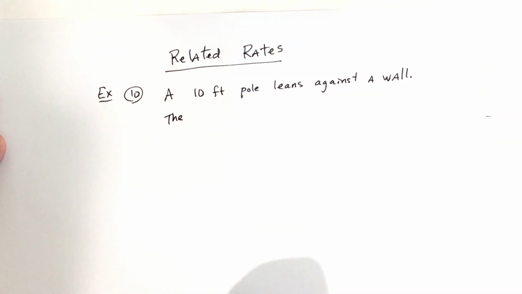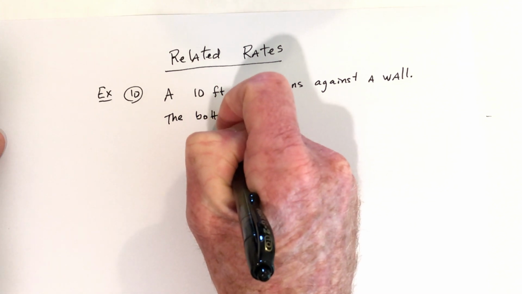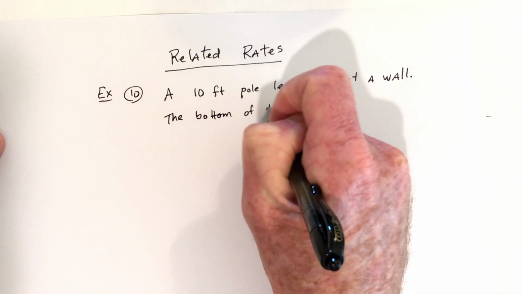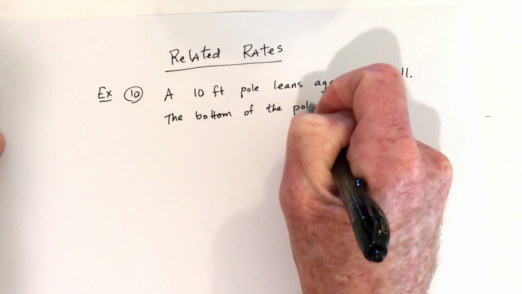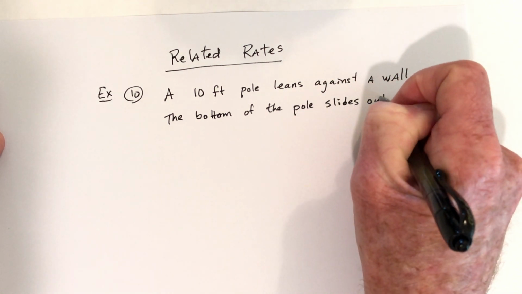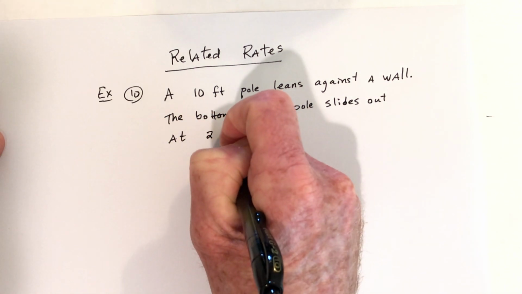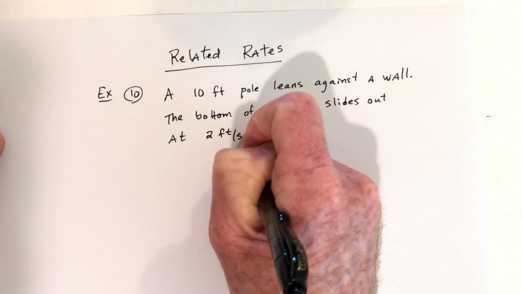But then the floor has just been mopped and it's all wet and the pole starts to slide out. The bottom of the pole slides out at, let's go with 2 feet per second.